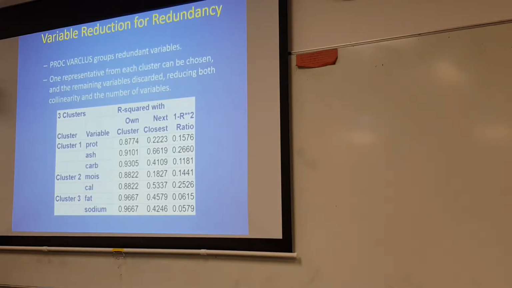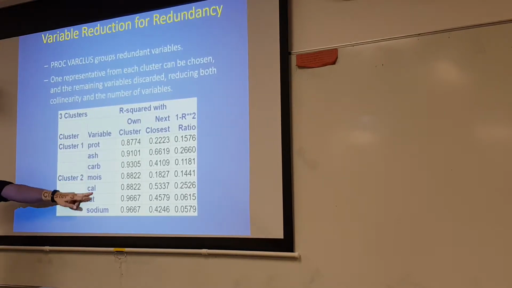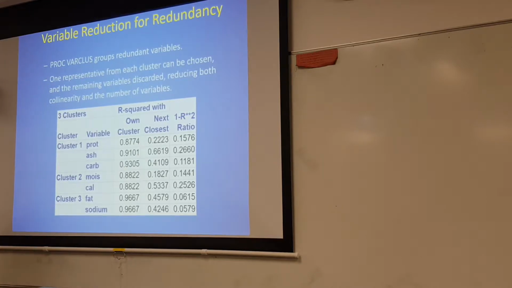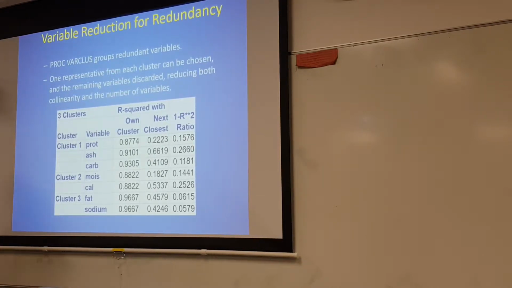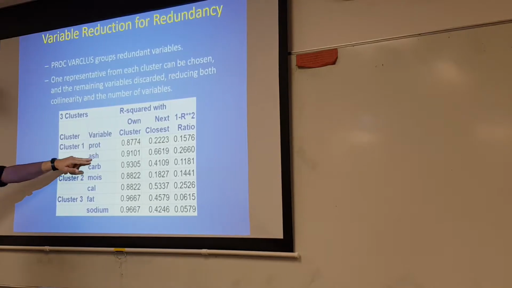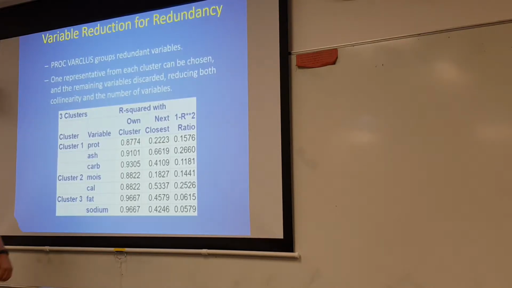It finds out, hey, I've got all these variables here. This was the pizza data set, you know this data set, of course: the amount of protein, carbohydrates, moisture, etc., in these things.